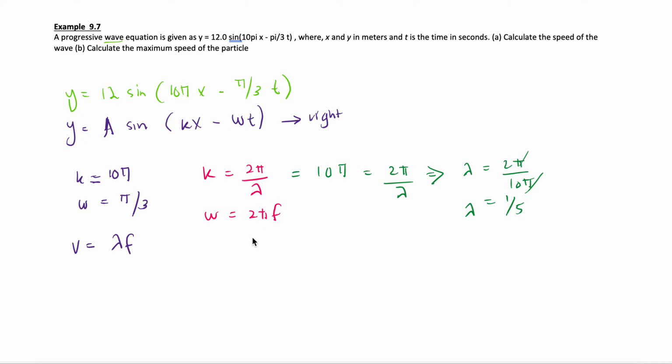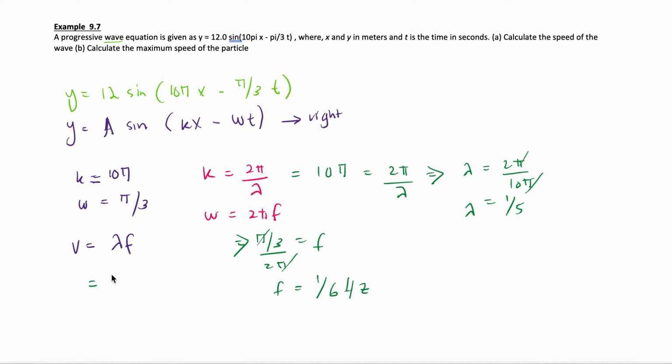And then omega is pi over 3, and that is equal to 2 pi f. So this divided by 2 pi equals my f. Pi cancels out, so I get my frequency as 1 over 6 because 3 kali 2 is 6. 1 over 6 hertz.